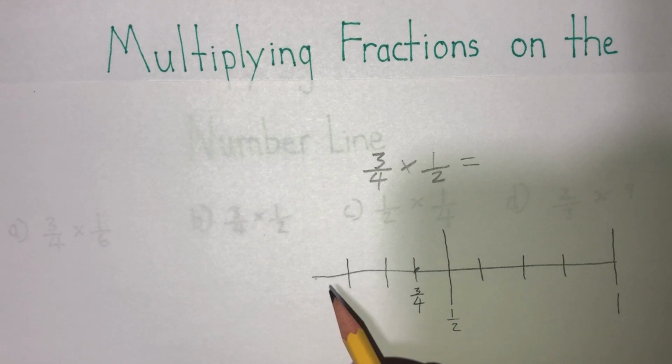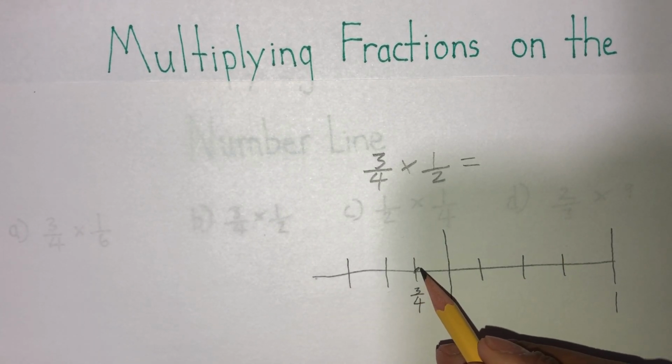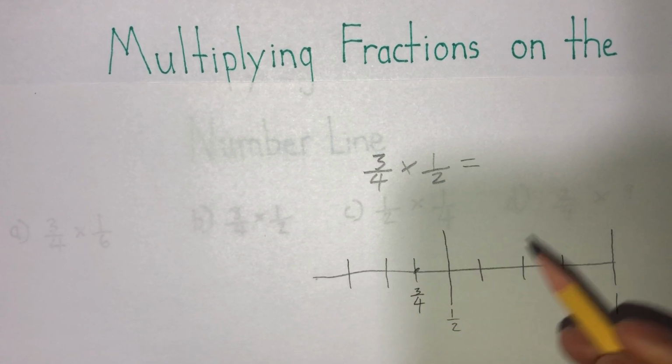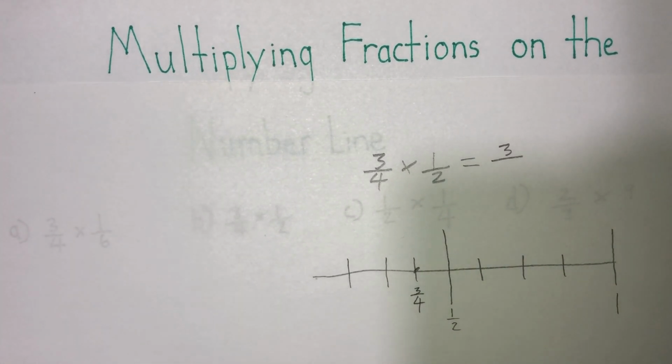Next step, we're going to start at 0 and count until we reach where we had marked the 3/4. So 0, 1, 2, 3. Next, we're going to count all the strokes.